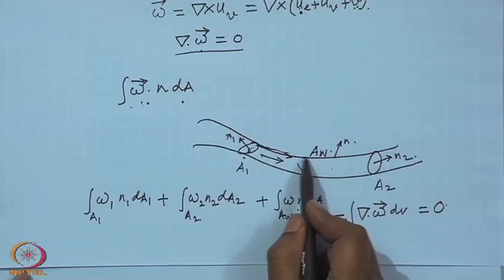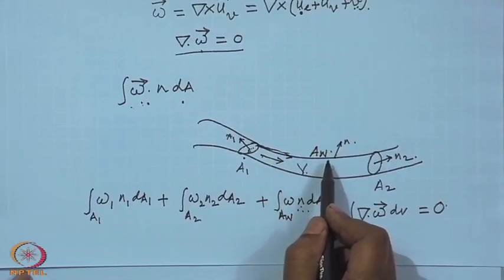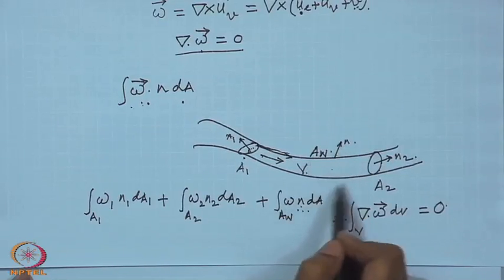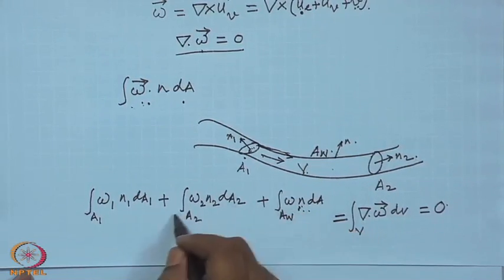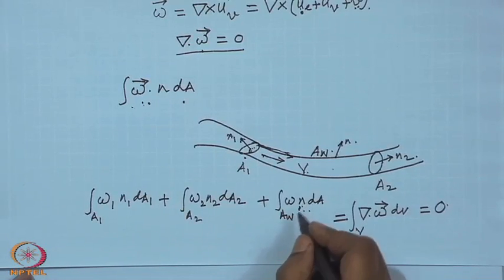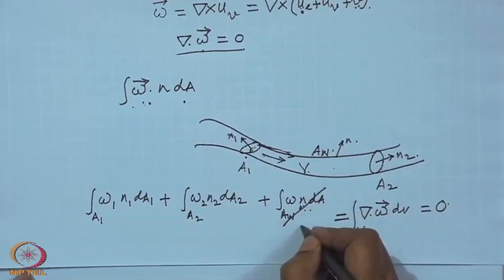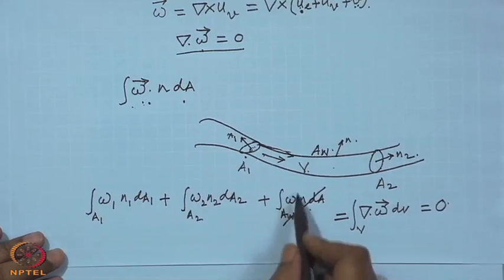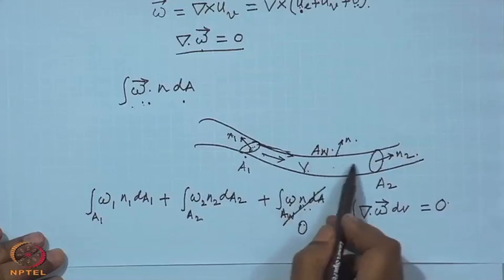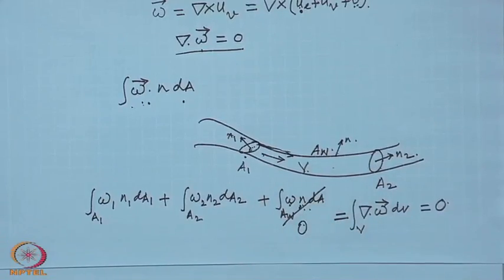Consequently, there is no normal component of vorticity to this surface. Hence, this integral does not contribute anything to this. So, this is also 0. Okay. Because omega is tangential to this surface.